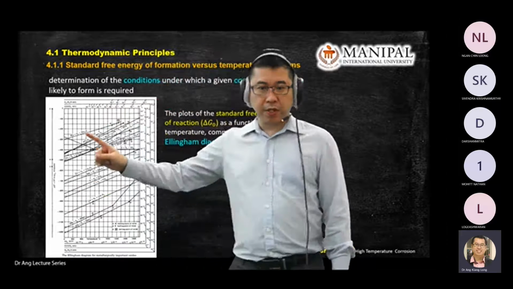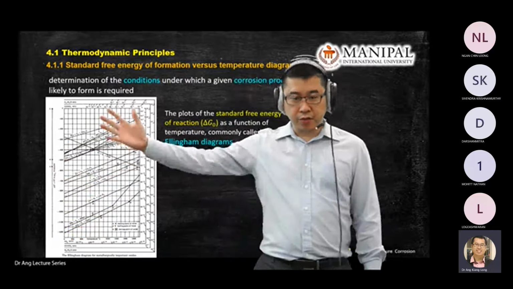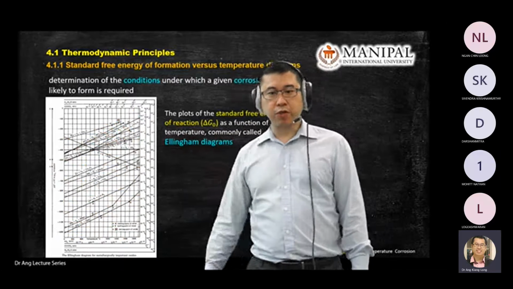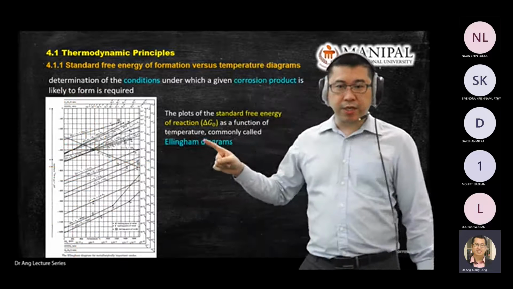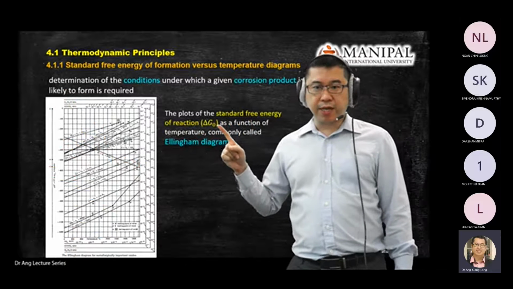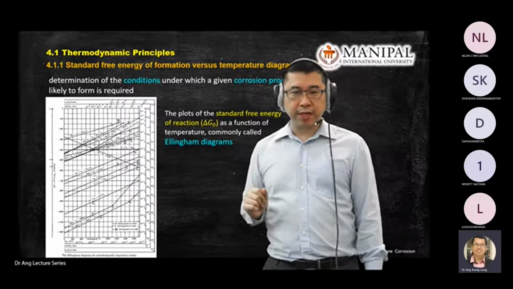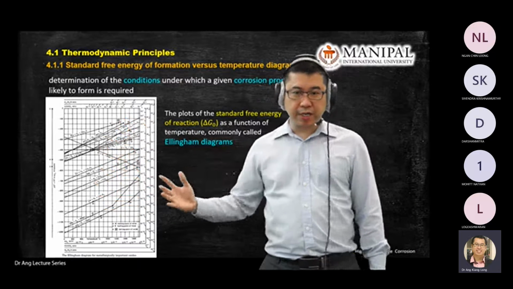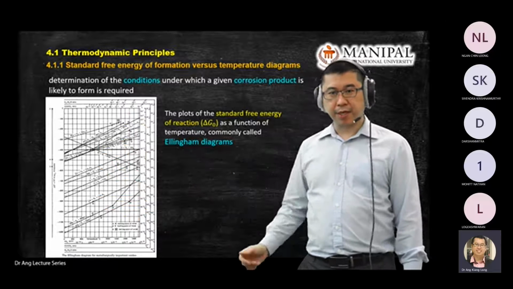On the left-hand side of the graph, this chart is used for high temperature corrosion reference. The y-axis here is for standard free energy of reaction, delta G naught. And by the way, this chart is called the Ellingham diagram.